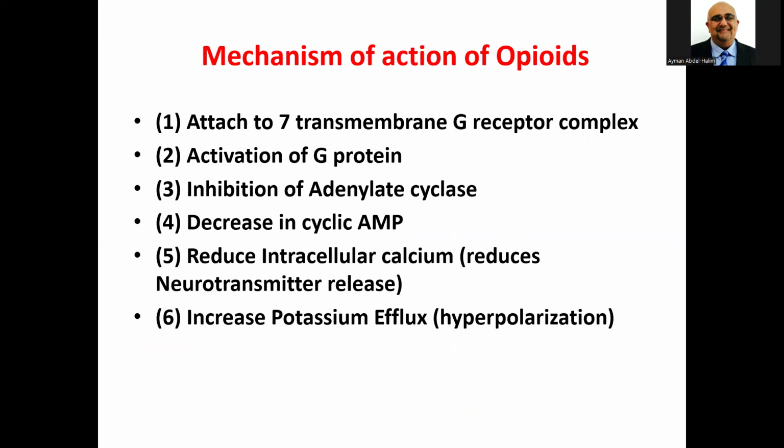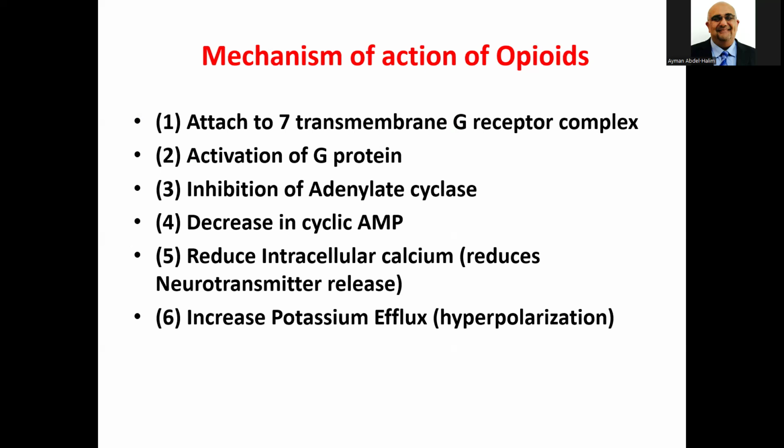The mechanism of action of opioids. I'm not gonna ask you to go very deep, but you should know how opioids work, because this is something that you'll be using in your everyday practice.